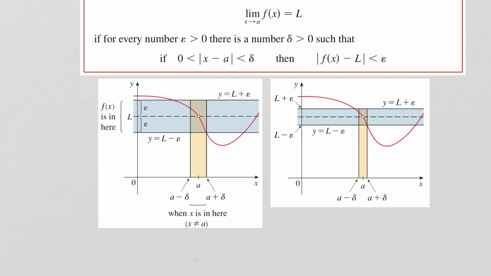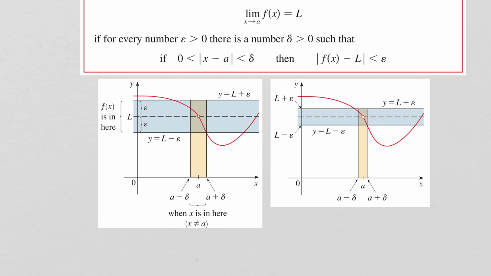But to make that definition precise, we choose a small positive number epsilon. And epsilon is going to be the distance between L and the upper limit here and L and the lower limit here.